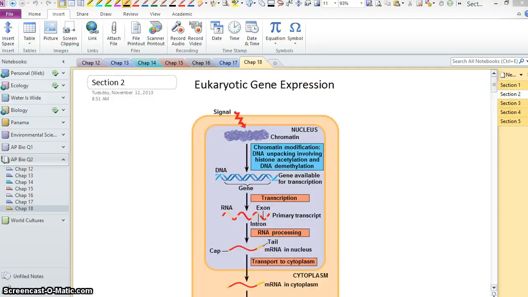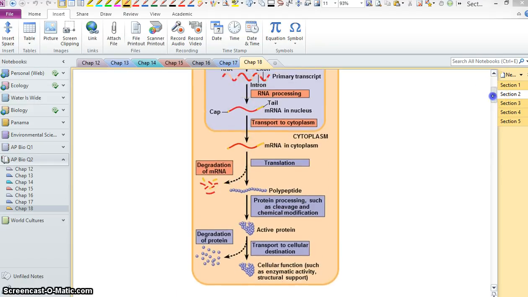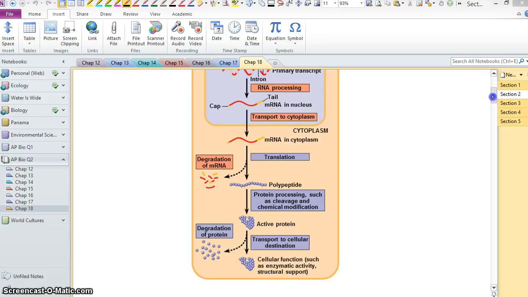All right, now with eukaryotes, it's a little more complicated. We have the DNA housed inside the nucleus. We have RNA transcripts that are processed to remove introns. And so there are other stages at which we can regulate this process.